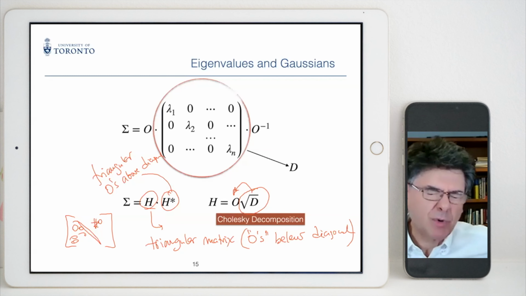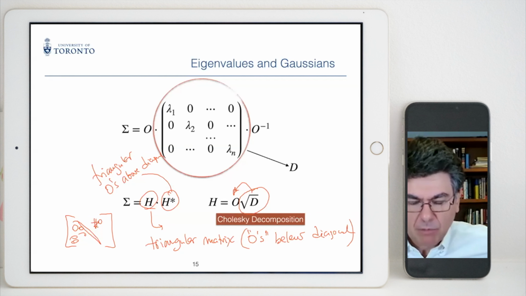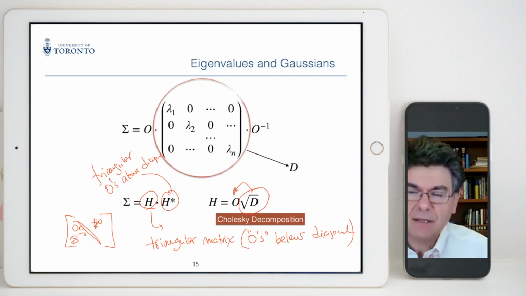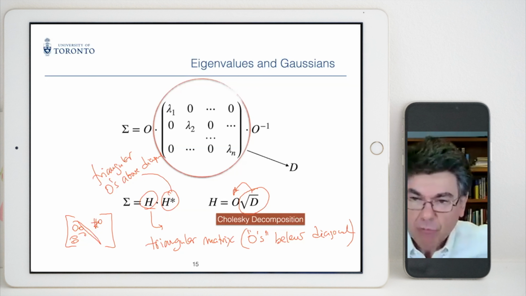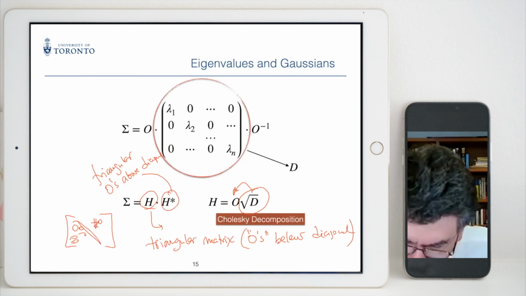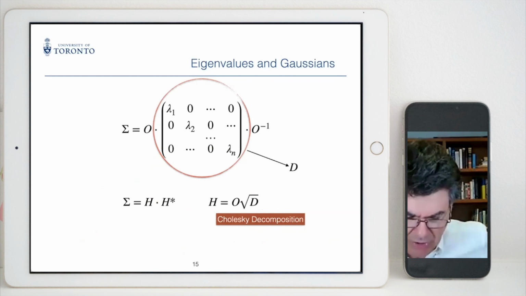Now you have seen when you solve systems of linear equations that if the equation matrix is upper triangular or lower triangular, then it's very easy because you can solve your system by recursion. The same will happen when we try to do simulations.